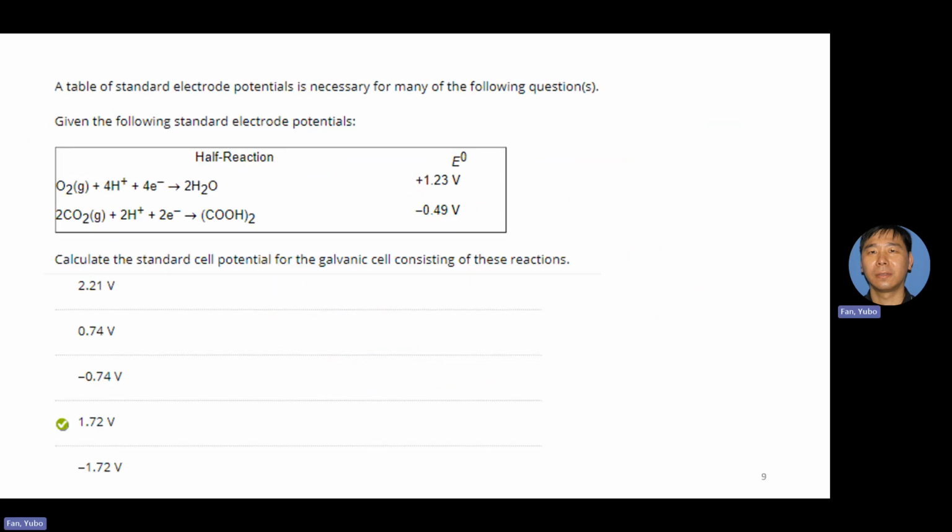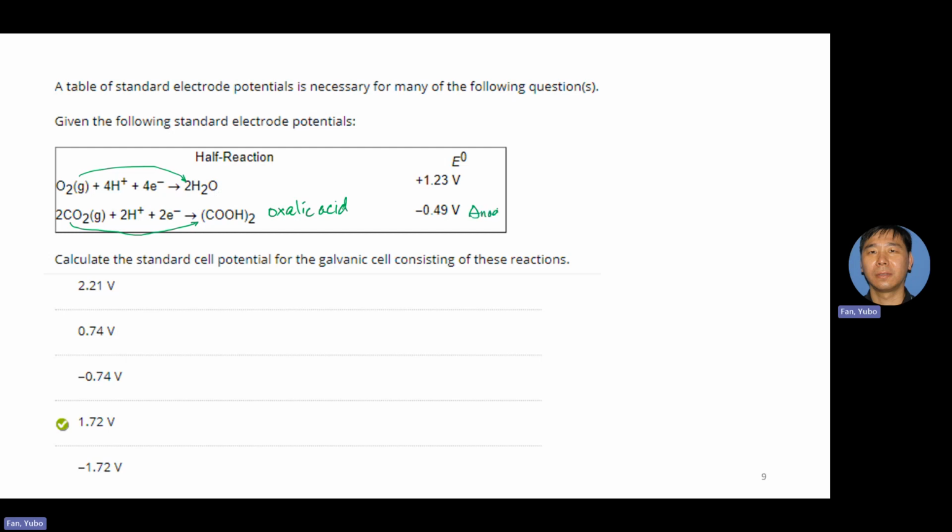Next question. Given the following standard electrode potentials, for these two reactions, calculate the standard cell potential for the galvanic cell consisting of these reactions. It looks like oxygen is reduced to form water, right? And the carbon here is oxidized to oxalic acid. So this is the anode because it's oxidized.